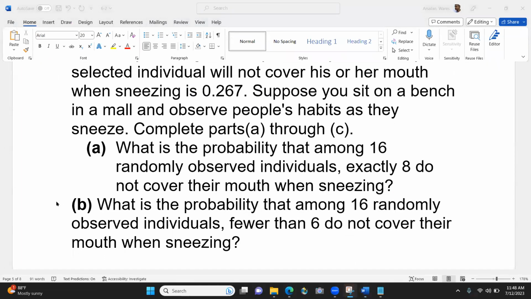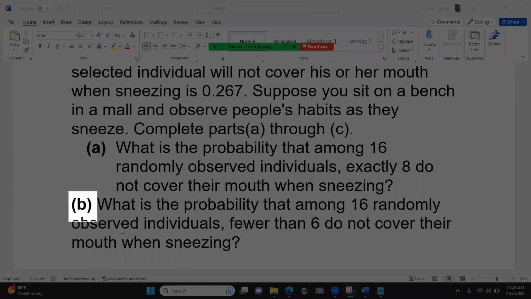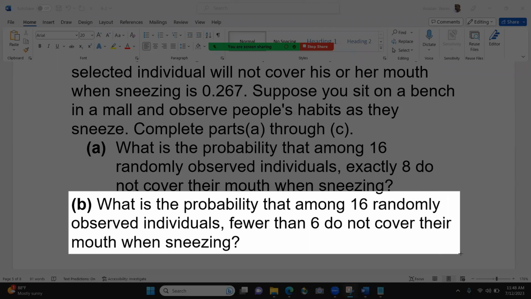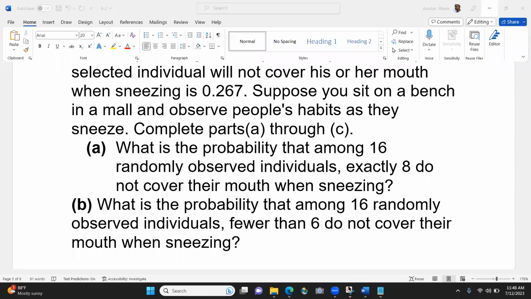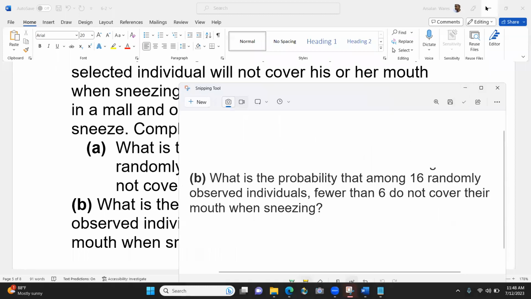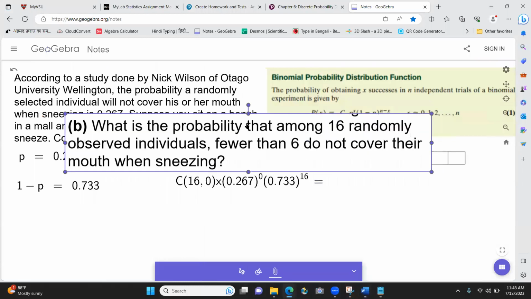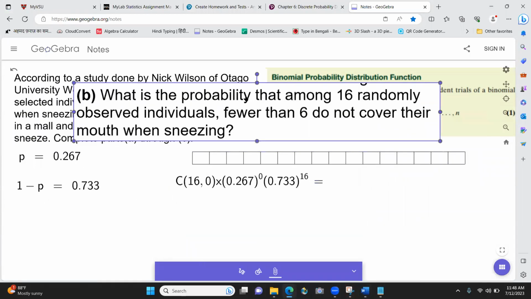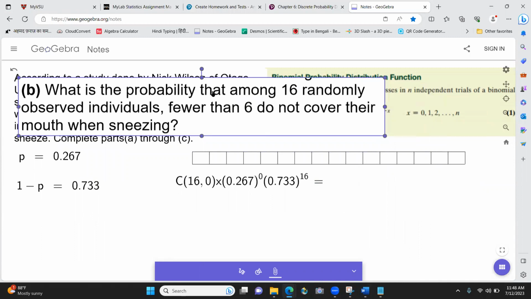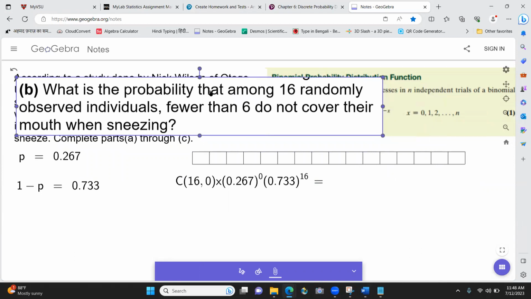Fewer than 6. Just do it very carefully. Let's put this guy here. So those properties are here. I don't need that text. Okay. So fewer than 6 do not cover.